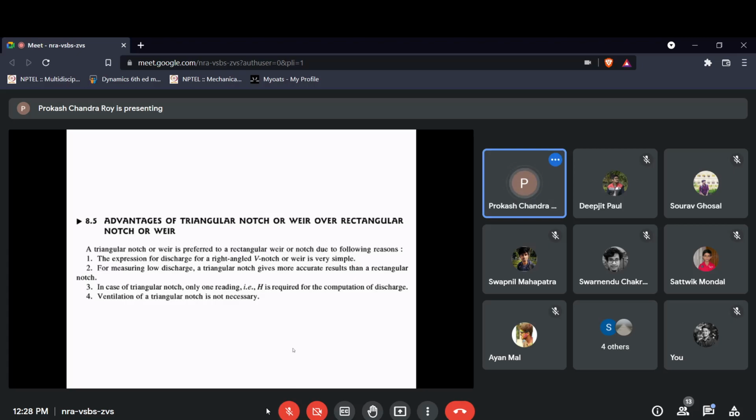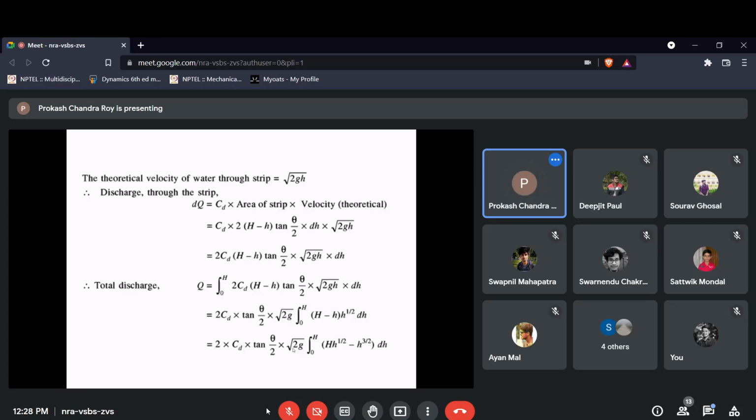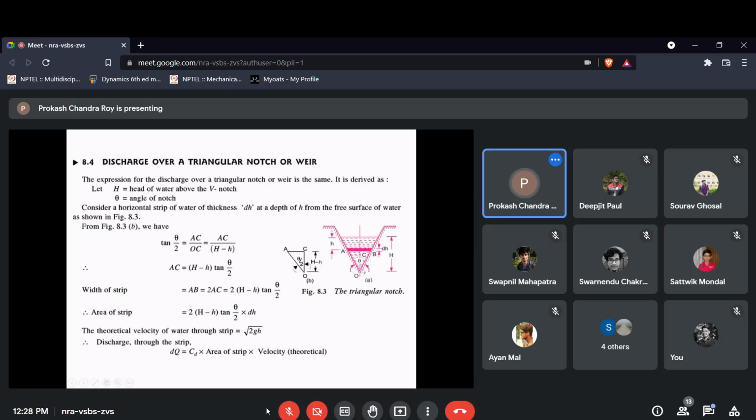Basically, if you think on this figure, suppose you want to measure a small distance. In the case of a rectangular notch, this height will be very small, maybe a few millimeters, and it is very difficult to measure a few millimeters instead of a few centimeters.